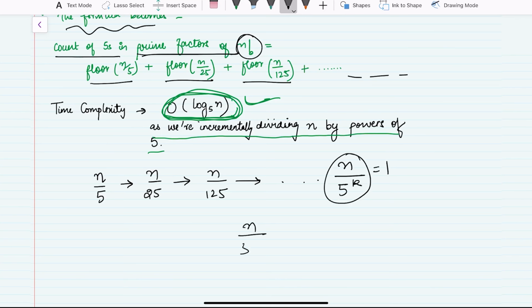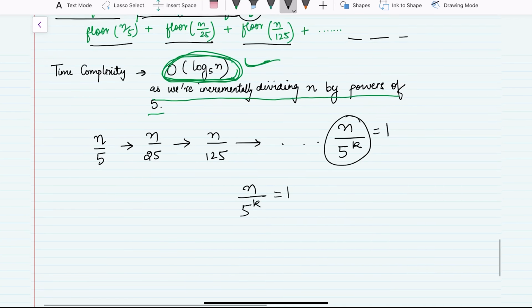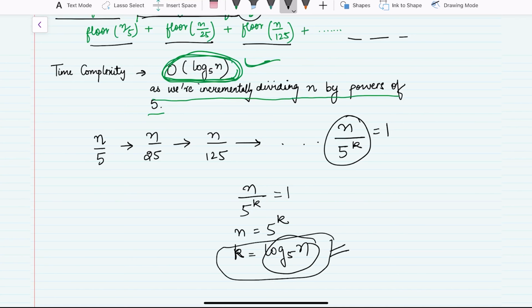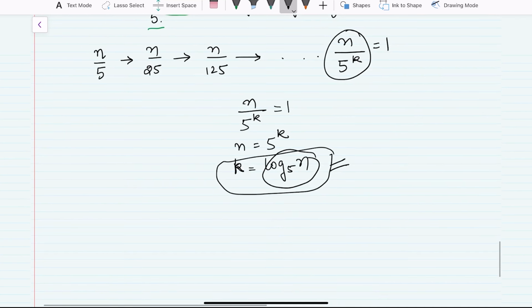So n by 5 to the power k is equal to 1, so n is equal to 5 to the power k. After taking log on both sides, we get k as log base 5 n. That means log base 5 n steps are needed to get the solution, and therefore the time complexity is going to be order of log base 5 n.